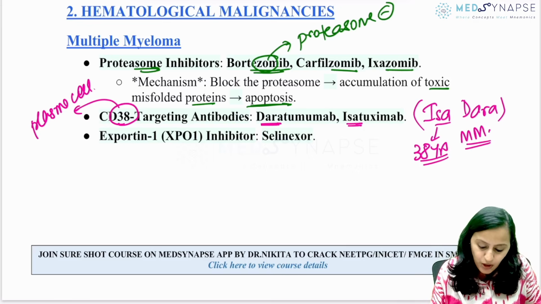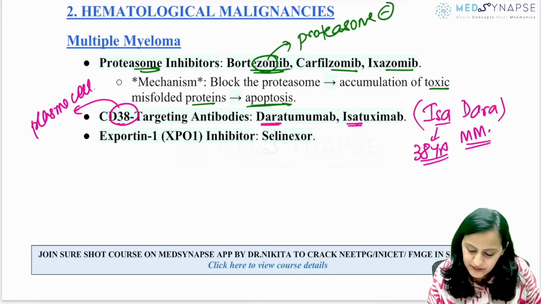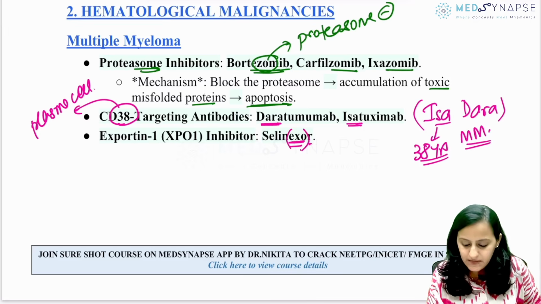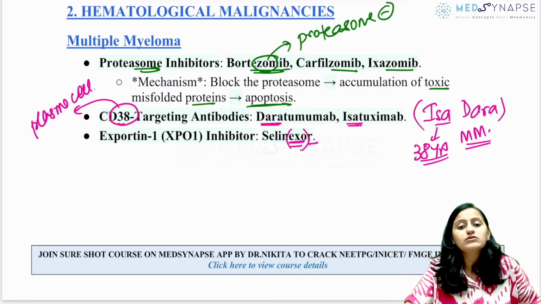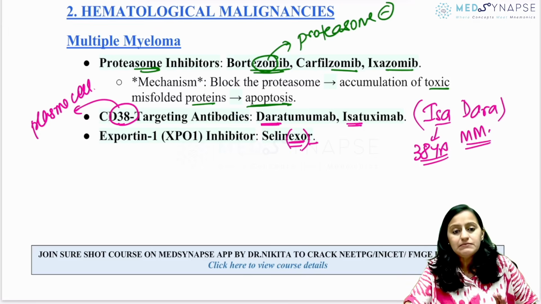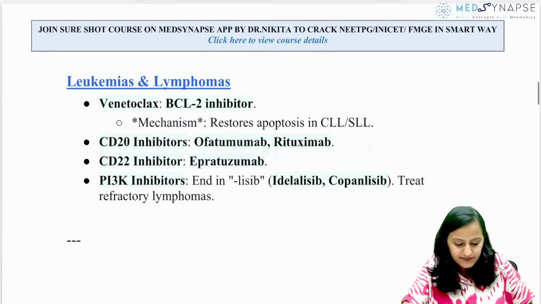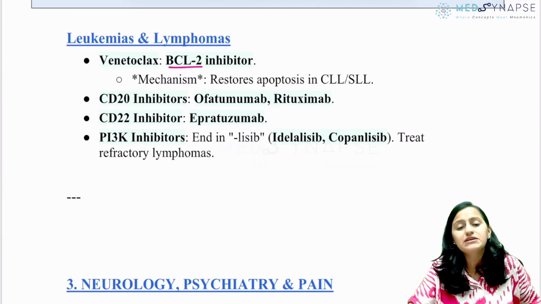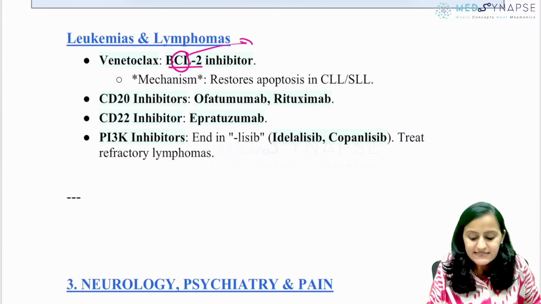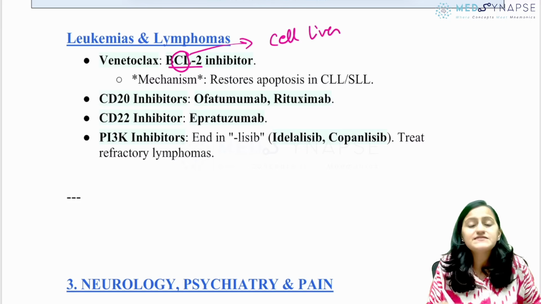Next is exportin 1 inhibitor. So exportin, you have EXO exportin inhibitor, selinexor. Okay, selinexor. This is also for your multiple myeloma. Going to next one, leukemias, lymphomas, venetoclax is your BCL2 inhibitor. You know BCL2. CL, the cell lives long life.